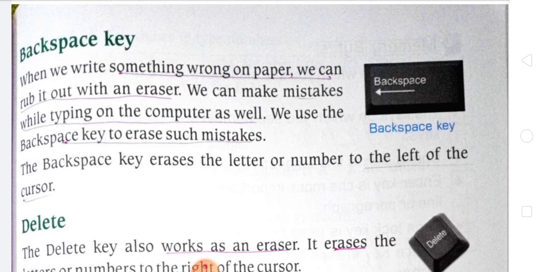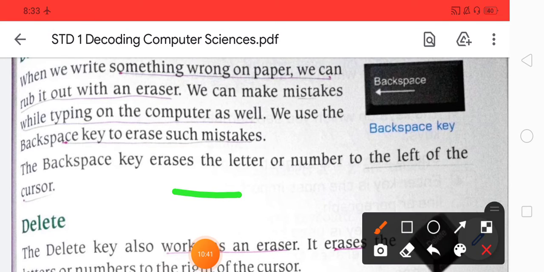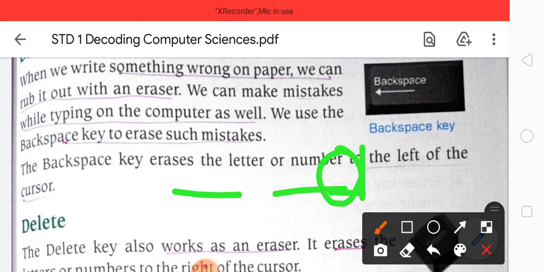So whenever you make a mistake while typing, just click on the backspace key and automatically the word you wrote that is wrong is deleted. Okay, so this one is used to delete the previous word you wrote.